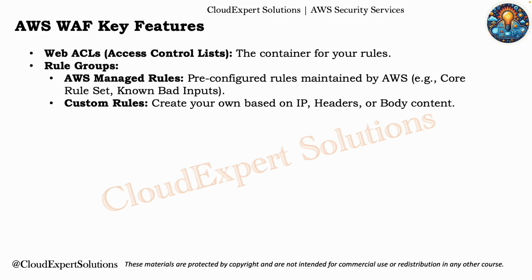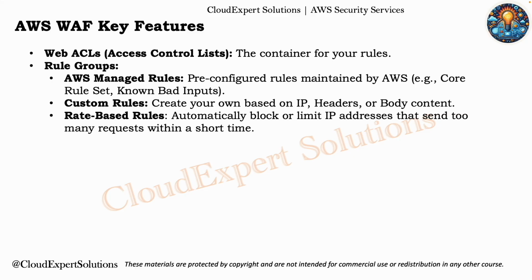Another powerful feature is rate-based rules. These rules automatically block or limit IP address that send too many requests in short period of time, which will help you protect against brute force attack and traffic floods.